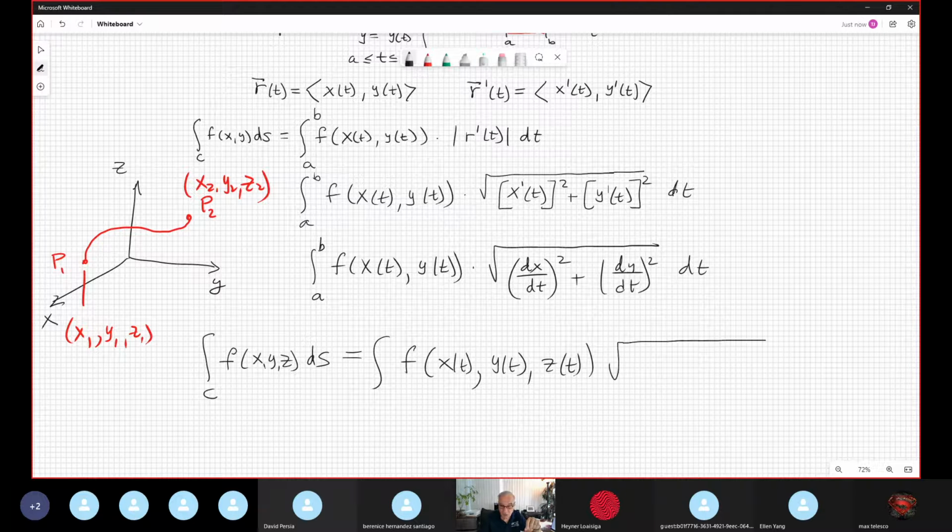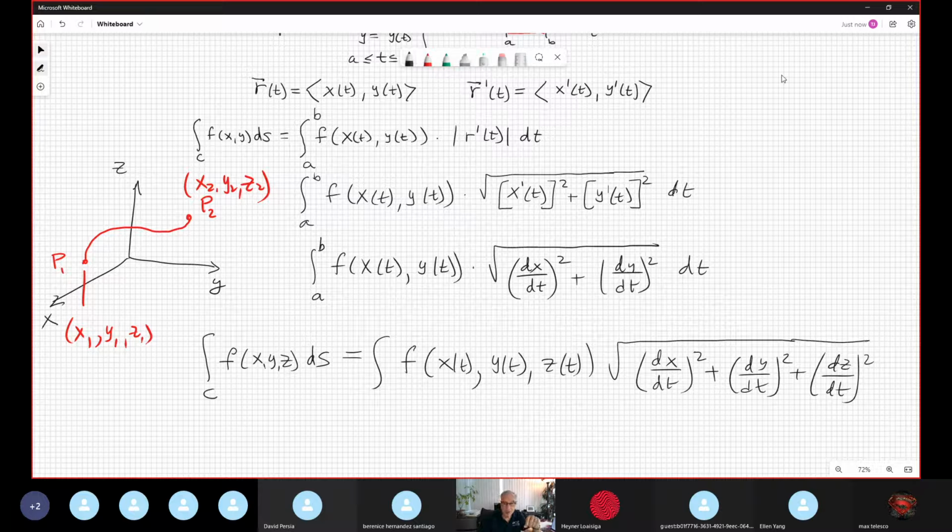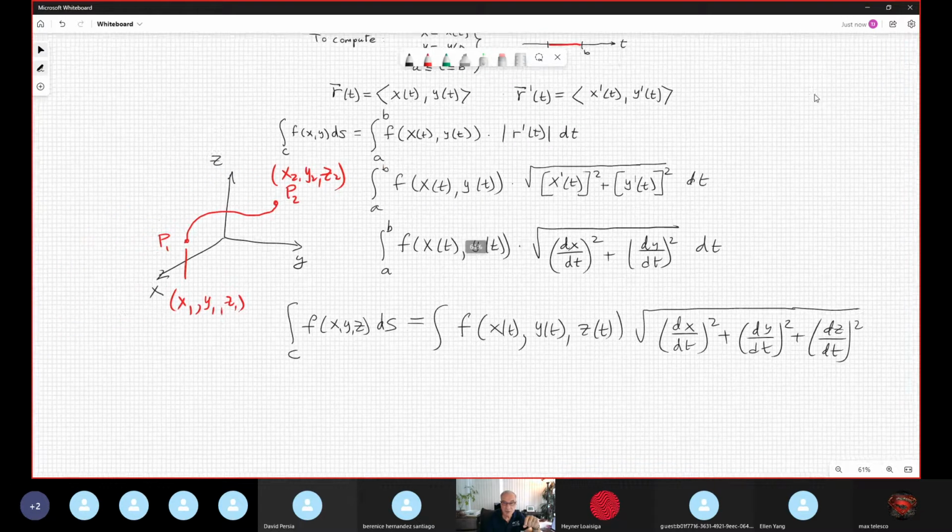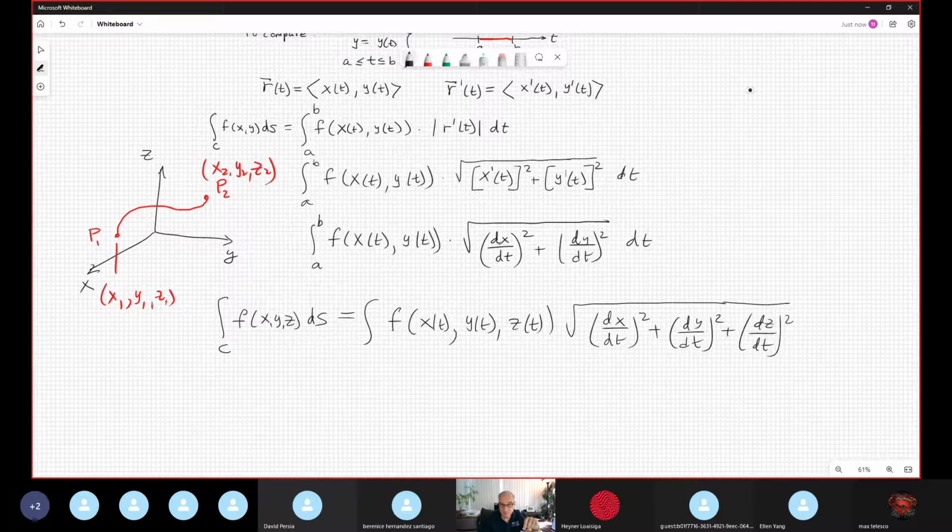And the formula is the square root of (dx/dt) squared plus (dy/dt) squared plus (dz/dt) squared. Square everything inside the square root, and don't forget, of course, the differential of the integral, dt, and t varies between a and b.